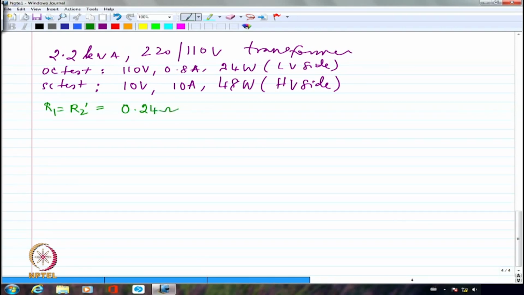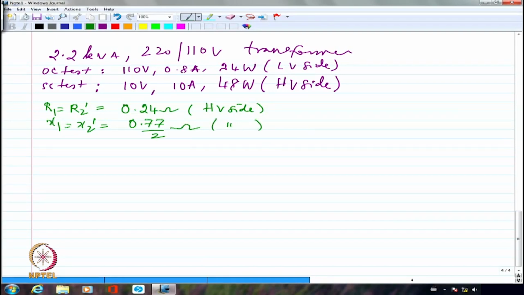Right? And X1 equal to X2 dash, both of them I am getting as 0.77 by 2 approximately. This is also from HV side. And I am getting Rc to be 509 ohms. This is from LV side.